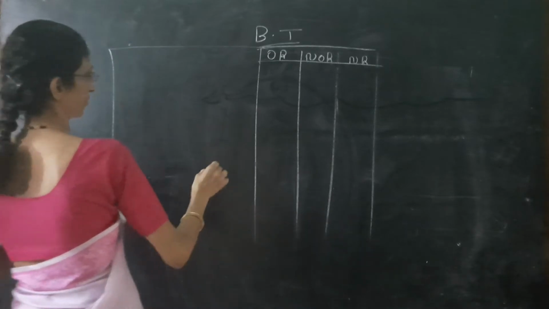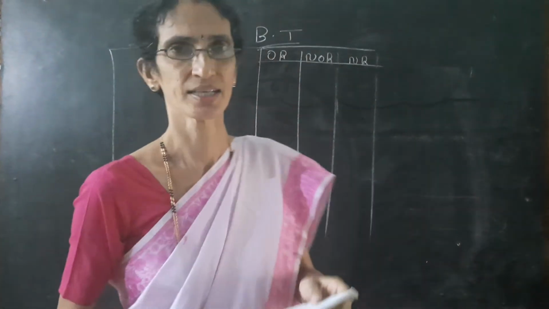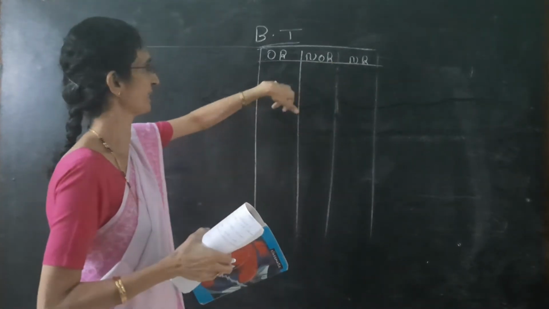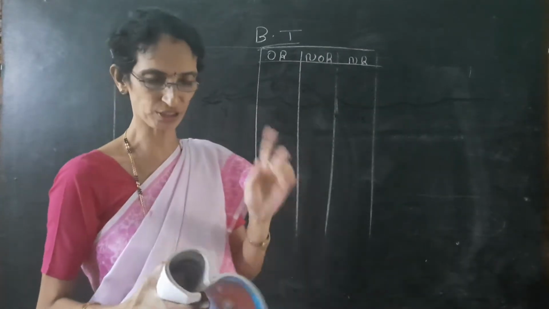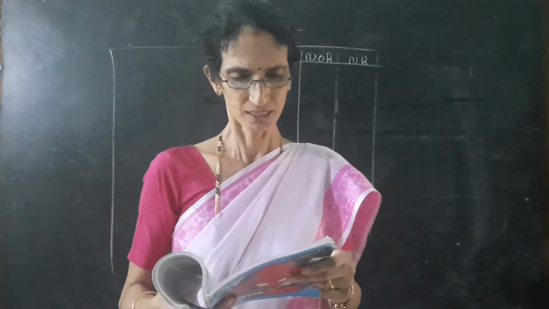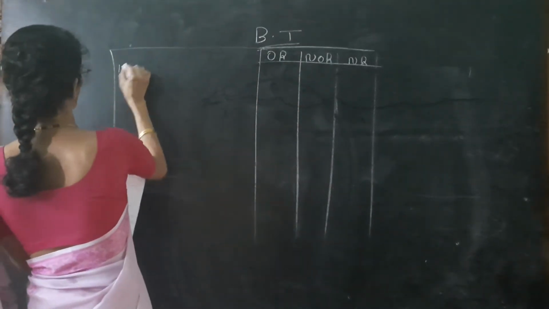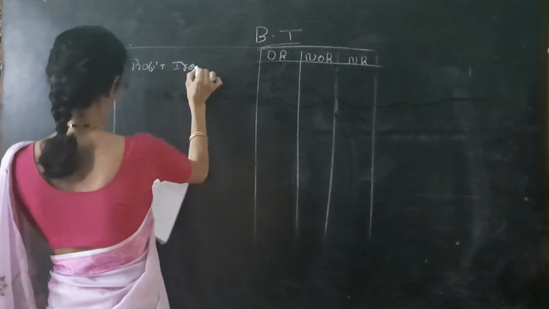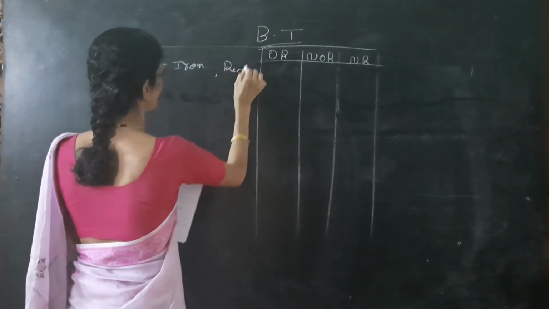So how to solve the problem? We have to read the transactions, then put the amount here. In that format, where it says yes, we have to write the amount there. See the first transaction: profit from business in Iran, received in India.